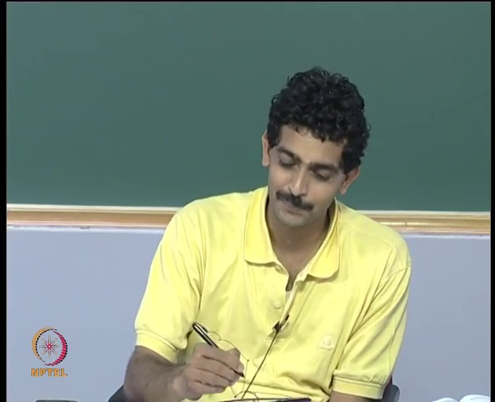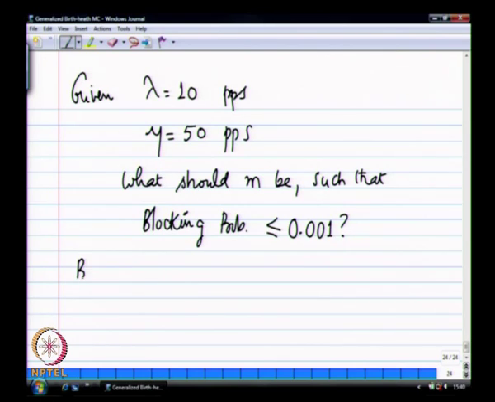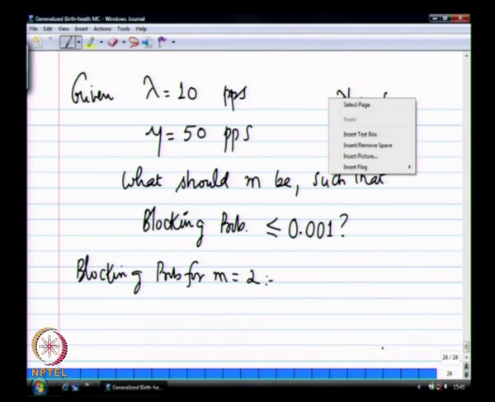What if m equals 2? What is the blocking probability for m equals 2? That you can find out, right? So maybe we will get lucky here. So we know that lambda by mu equals 0.2, right?